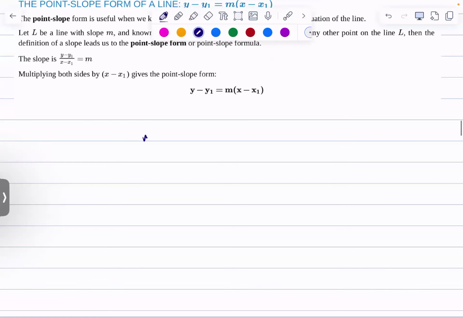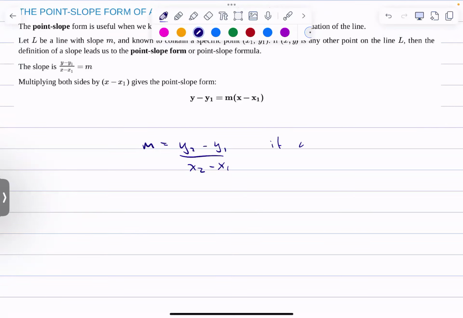But we know if I let m be y2 minus y1 over x2 minus x1, if I only have the first point, x1, y1, we can replace x2, y2 with just xy as generic placeholders.